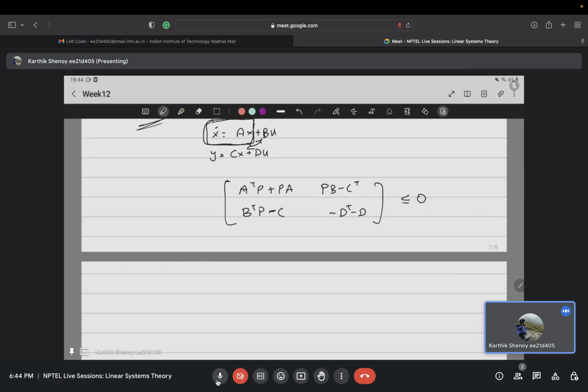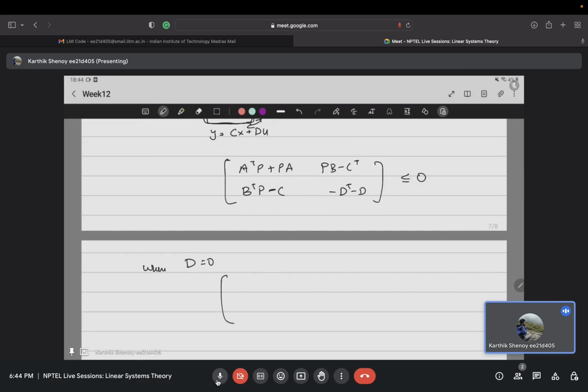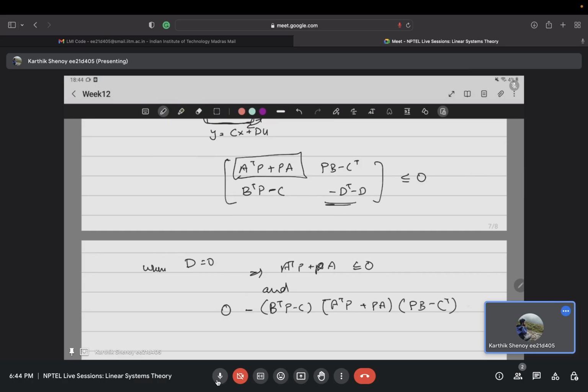Okay. So what does this imply? Let's take the case when D is 0, which is usually the case. Then you can only take the Schur complement with respect to A transpose P plus PA, because the D block is not invertible. So this means A transpose P plus PA is less than or equal to 0, and 0 minus B transpose P minus C times A transpose P plus PA times PB minus C transpose is less than 0.